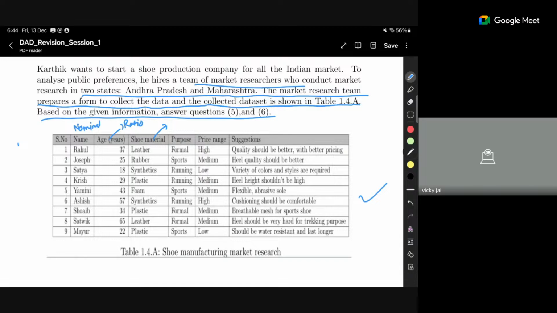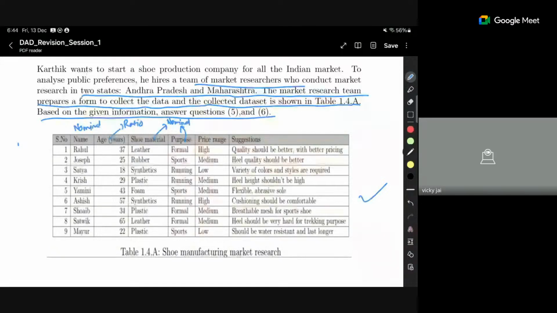Generally we don't have any order for this, so you can also consider it a nominal scale. Then the purpose: all the purposes are equally considerable, so this is also a nominal scale.